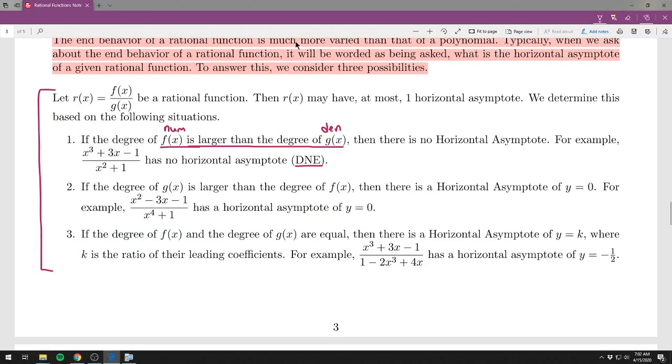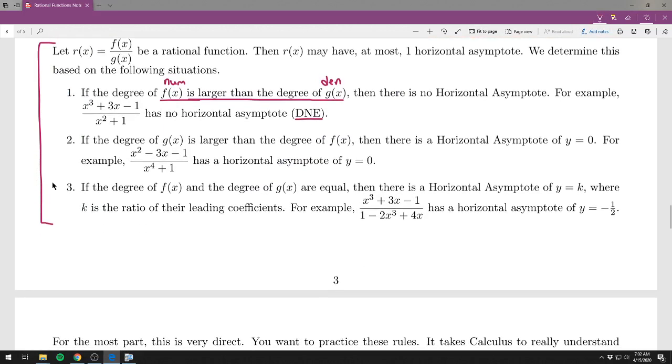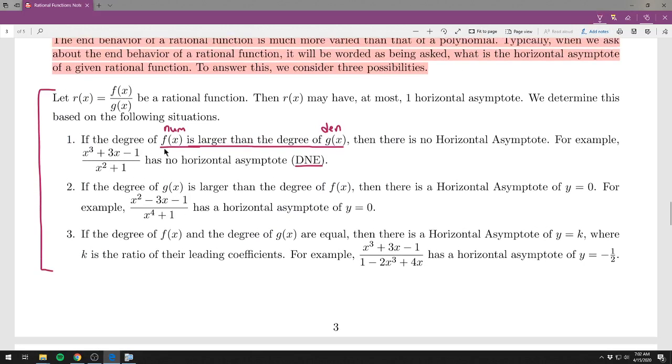Right, now the second example here, what happens if the degree of the denominator is the bigger one? Right, so if the degree of the denominator g of x is larger than the degree of the numerator f of x, then there is a horizontal asymptote, and it's always y equals 0.